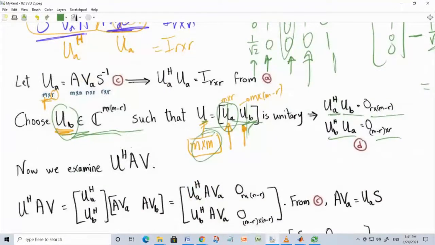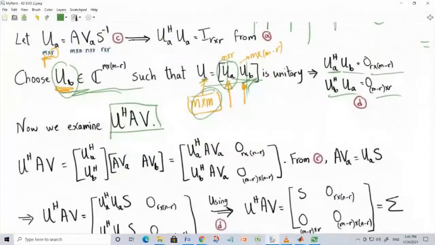Now we are close to finishing the argument. Let's examine U Hermitian A V. Again, the idea is that we want to say something about matrix A itself. Our starting point was A Hermitian A, but now I want something that can be used for matrix A itself.